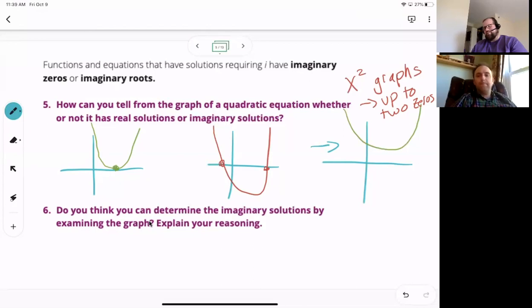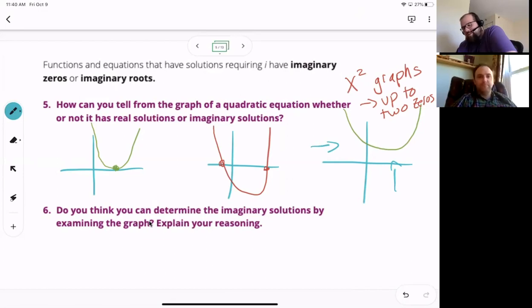It's interesting because I'm gonna tell you how this question makes me feel, and it may make Mr. Butterworth feel the same way. I really want there to be some way that I don't know how to do visually to be able to tell you that, oh, this graph has these two specific imaginary numbers. I'm not aware of a way to do that, and it makes me uncomfortable.